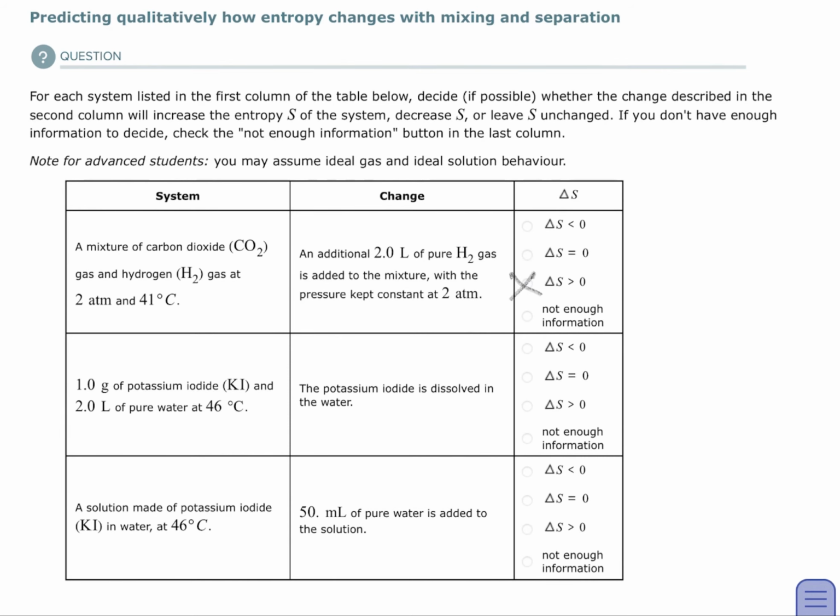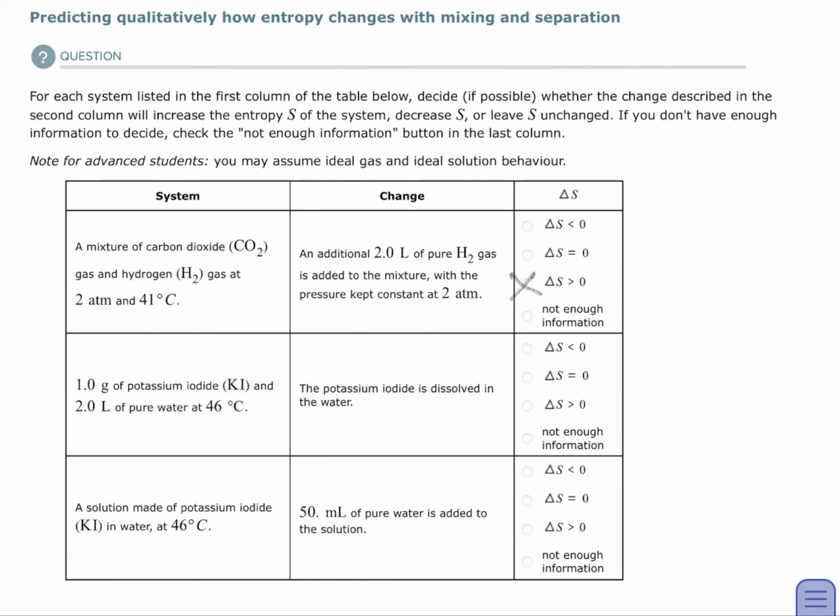So the first one, I have a mixture. I shouldn't have shown you so fast. You have a mixture of carbon dioxide and hydrogen already. Now, if you add the stuff, as long as the temperature doesn't go up. If the temperature goes up, it's possible the entropy will stay put, because that is all based upon whatever's in the formula.